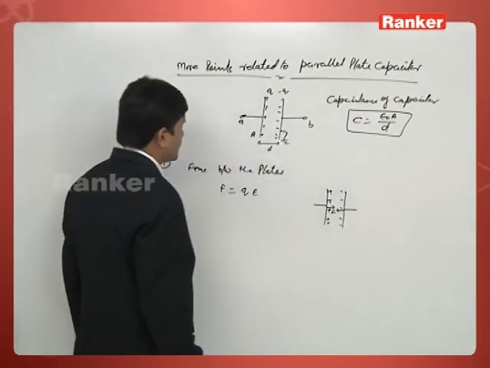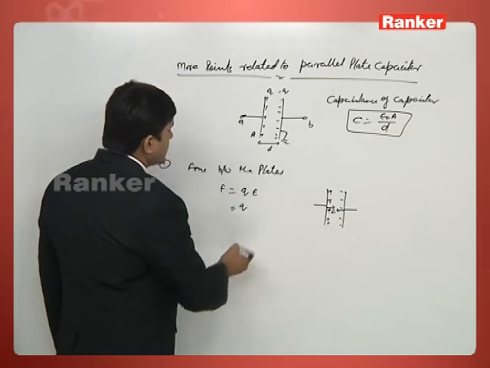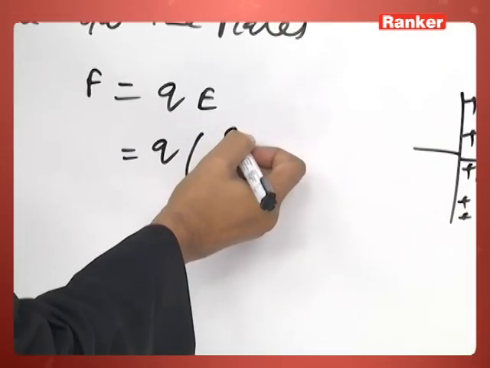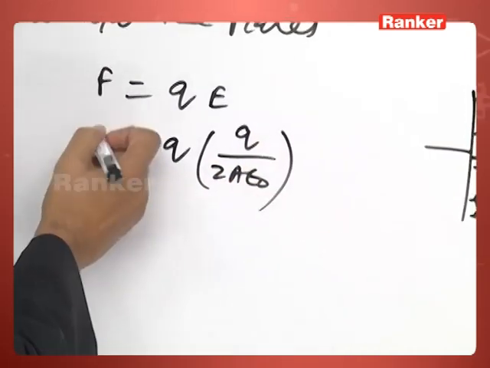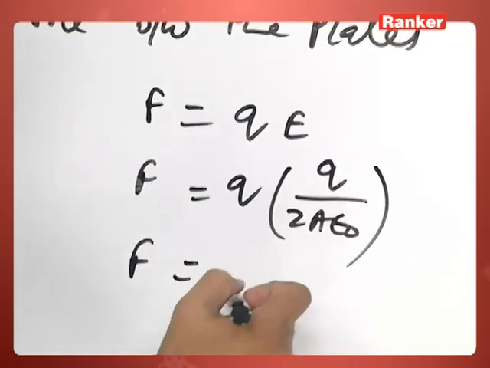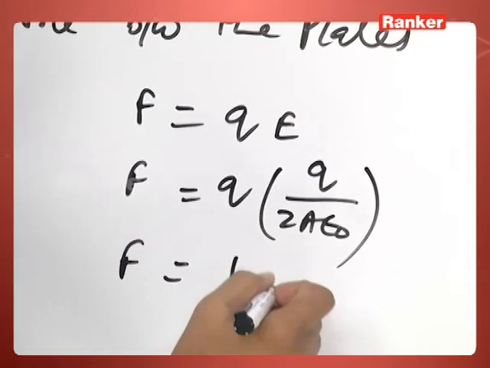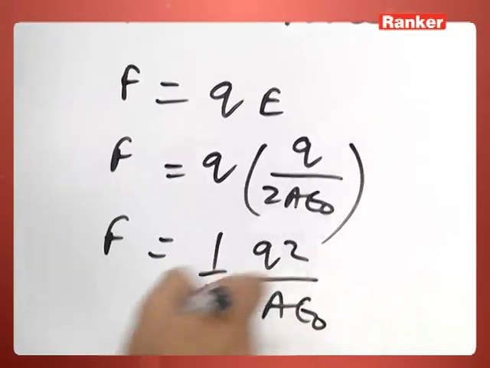The charge on one plate is Q and the field due to the other plate is given as Q by 2A epsilon naught. The force is written as 1 by 2 Q square by A epsilon naught.